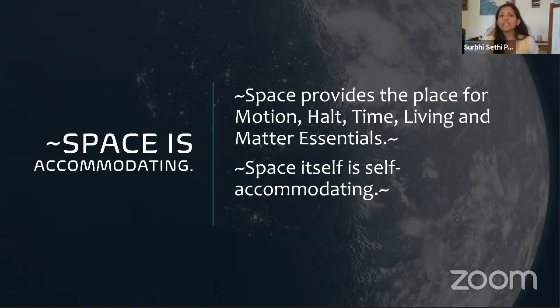So it does not need any support. It is self-supportive. It is self-accommodating. It gives space to everyone. It gives space for itself also to exist. That's the biggest quality of the space essential. Okay? Does that make sense? Perfect. Let's move forward to the next one.